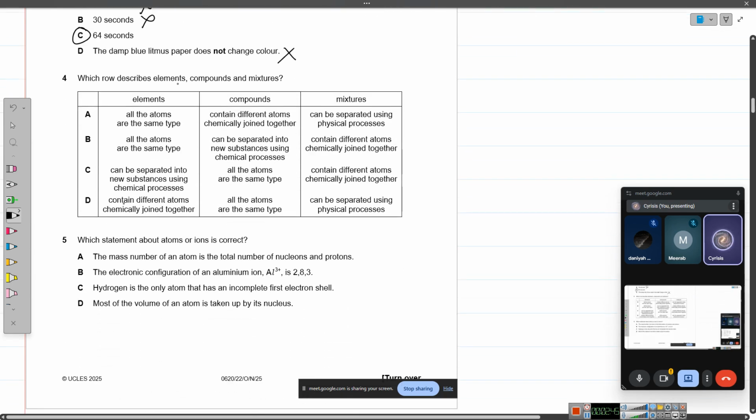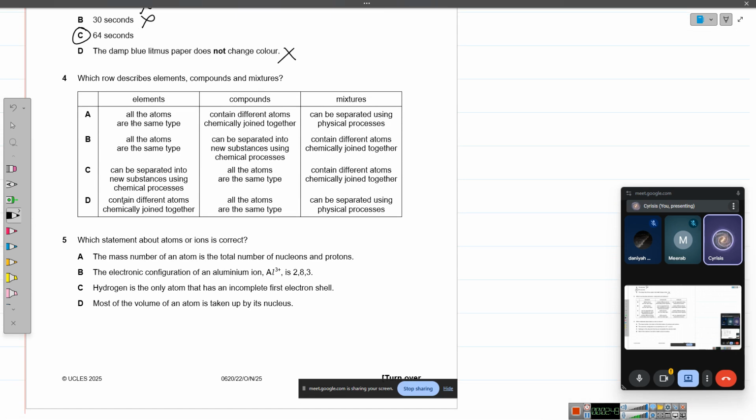Which row describes the element, compound, and mixtures? Elements: all the atoms are the same type, technically correct, right? So that means can be separated into new substances using chemical processes. Using chemical processes, new substances, no. Contain different atoms, no. So option C and D are already cancelled off, so we can cancel these off, right?